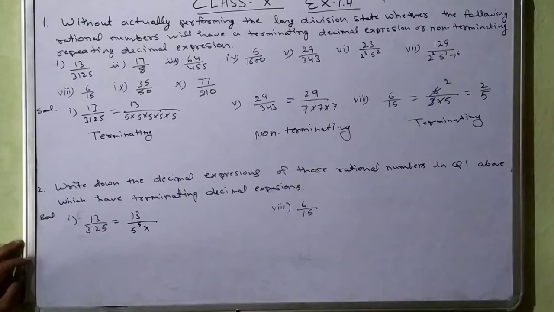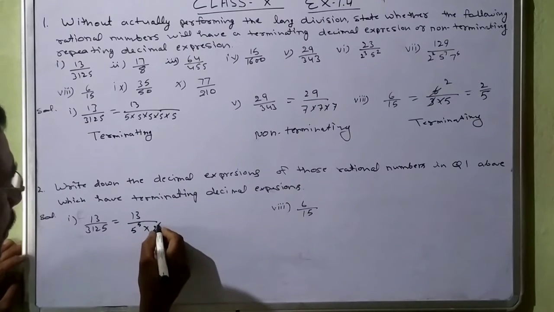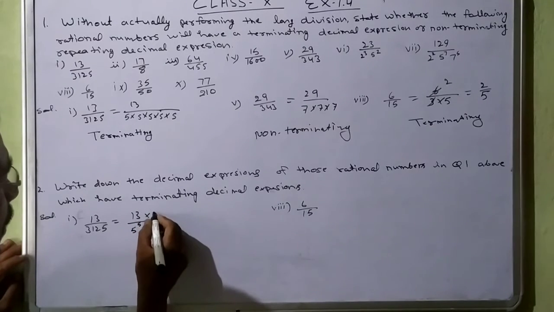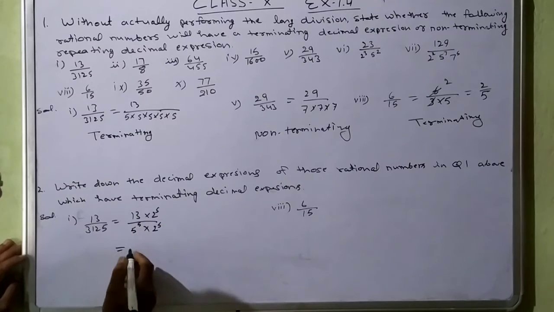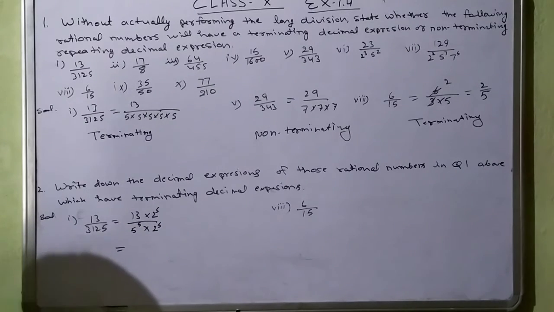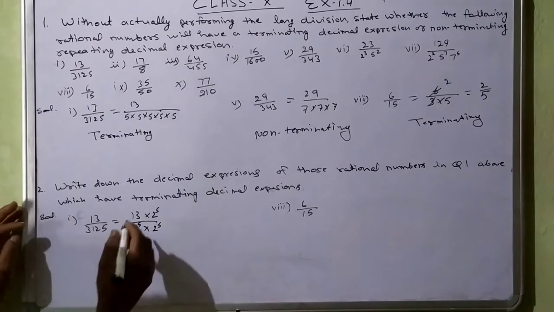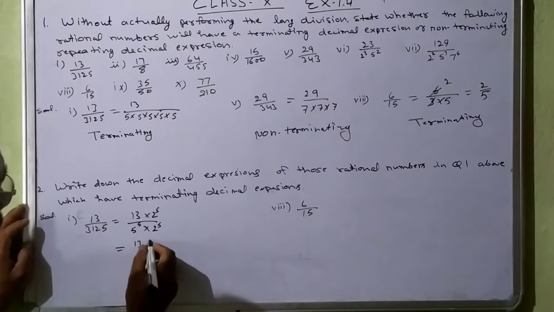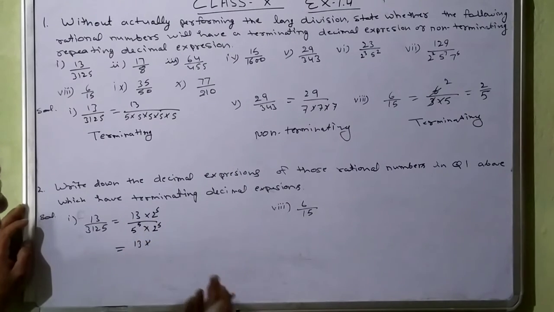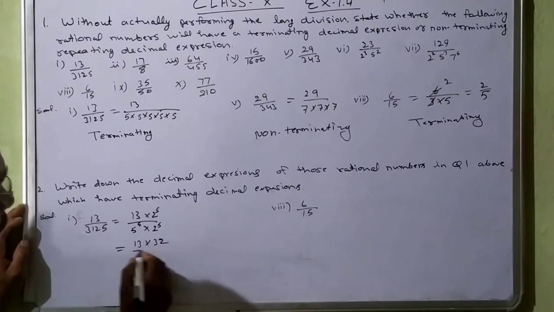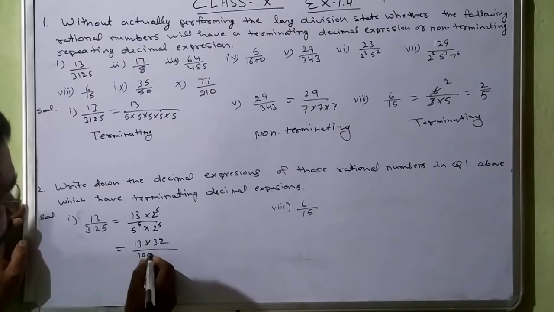Here we can also write 2 power 5, or you can divide also, but 13 you can't divide by 3125. It's not an easy work. So 13 into 2, 4, 8, 16, 32, that is 32.